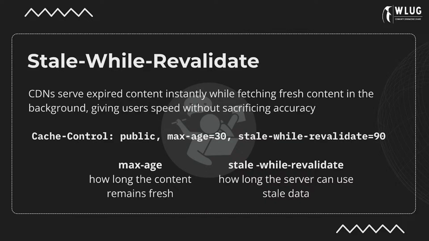So that was 90 seconds. We're still at the 35-second mark, right? So we can still use it. So we serve this data to the user while simultaneously we go to the origin, get fresh data from there, and then once we have it, we update the user and give them the fresh data.